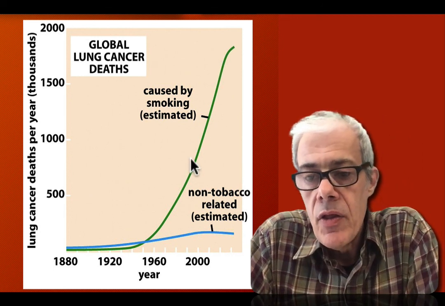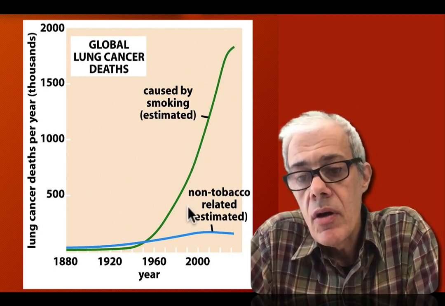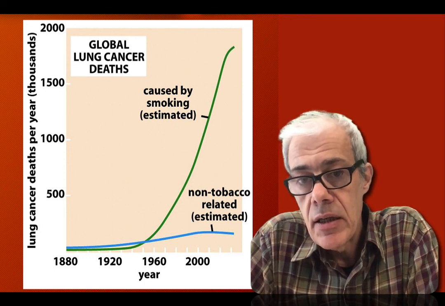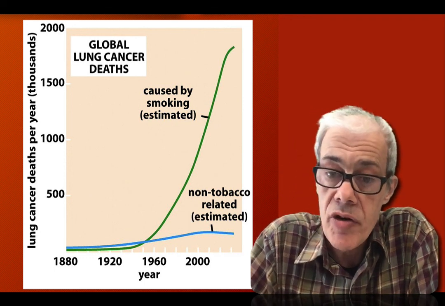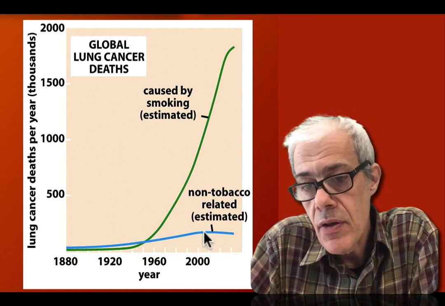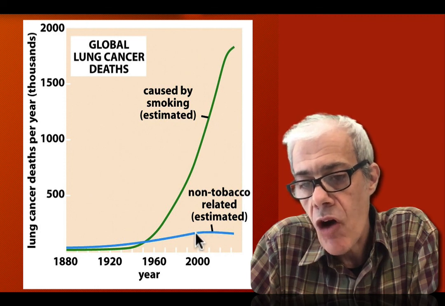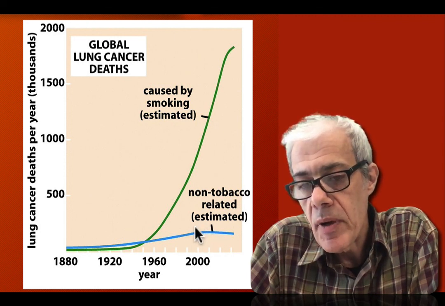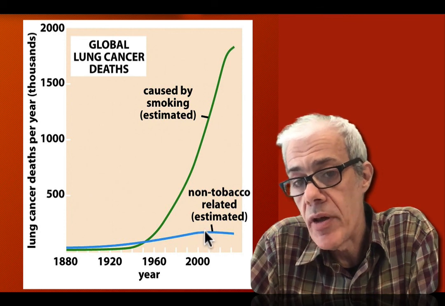So if you look at other non-tobacco related cancers and look at their increase over the same time frame, there's relatively little increase in the occurrence of cancers that are not associated with smoking.